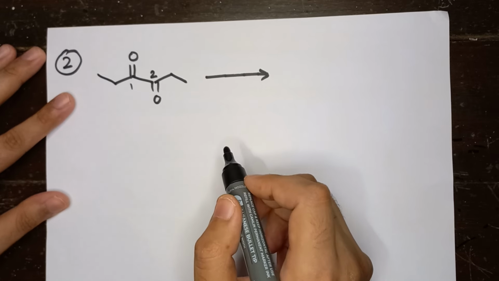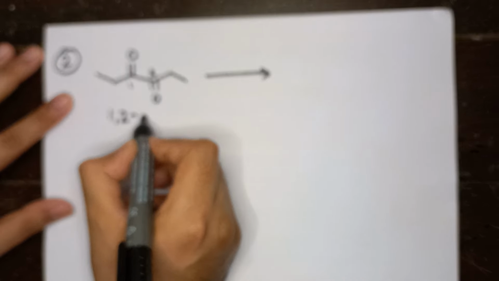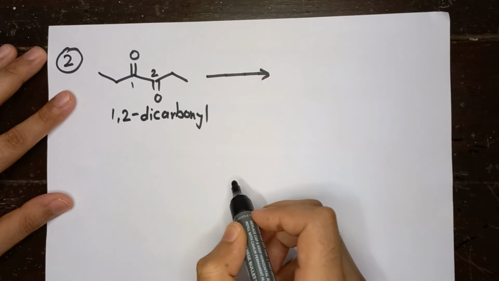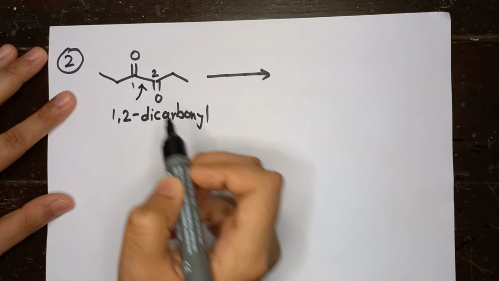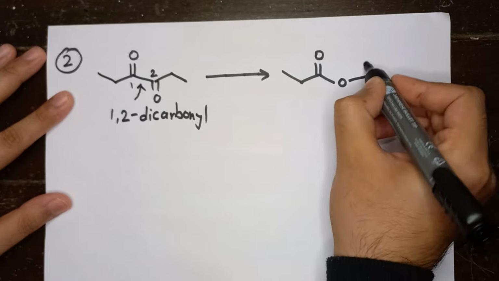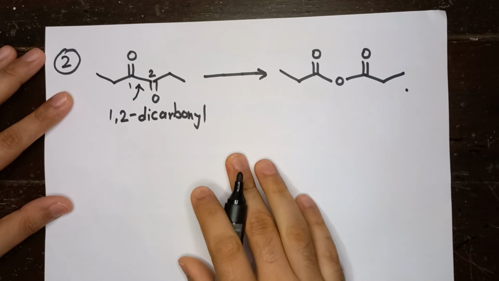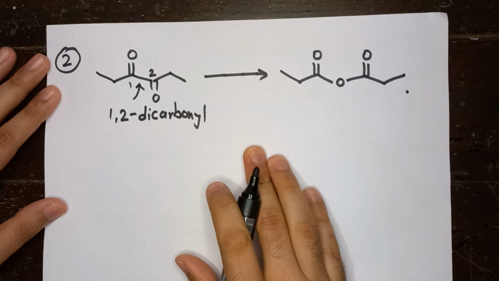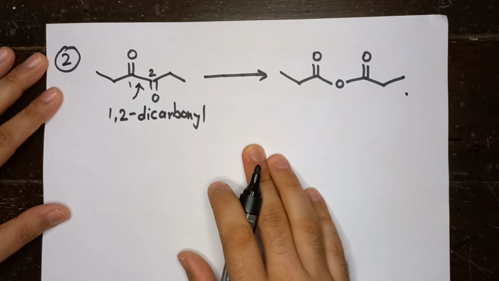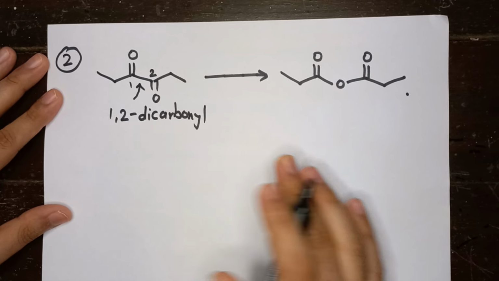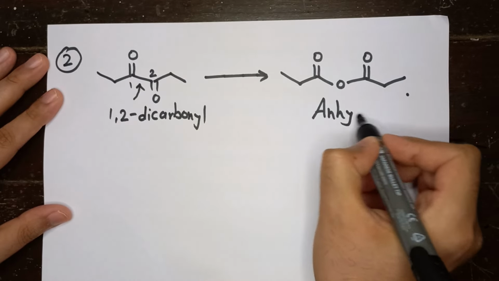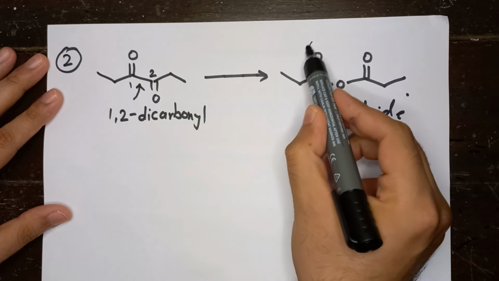So you need to know that whenever you encounter a 1,2 dicarbonyl system, you have to insert your oxygen between these two and form an anhydride. So this is something important you should know for your exam perspective. That whenever you have a 1,2 dicarbonyl system and you are doing Baeyer Villiger oxidation, always insert your oxygen between these two carbonyl groups and form anhydride. So this core is called anhydride.